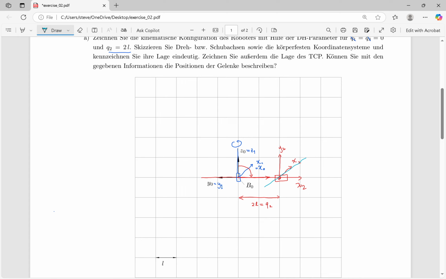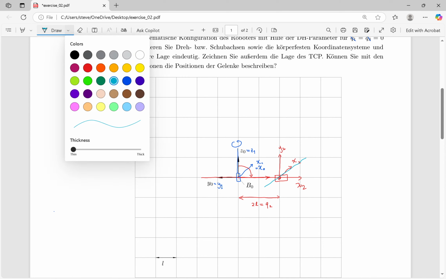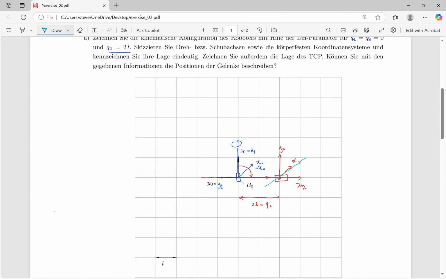So negative pi over 2 would give us the z direction like this.